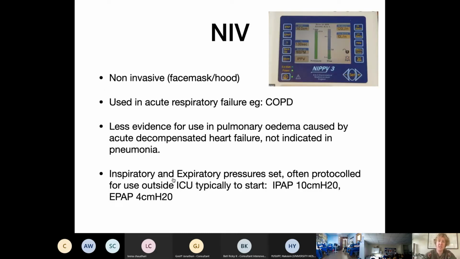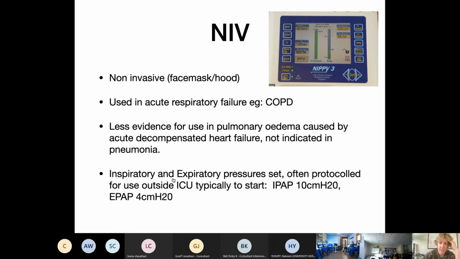Non-invasive ventilation. I've put a little picture of an NIV machine here, which is more commonly used on the ward. It's non-invasive, so face mask or hood, used in acute respiratory failure, most commonly in COPD. There's less evidence for its use in pulmonary edema caused by acute decompensated heart failure, and it's really not indicated in pneumonia.